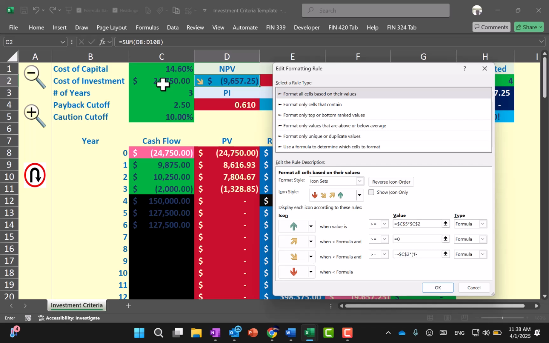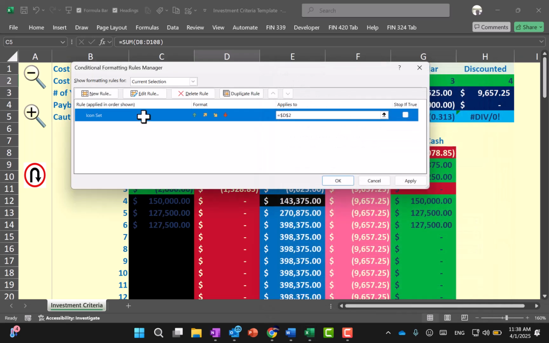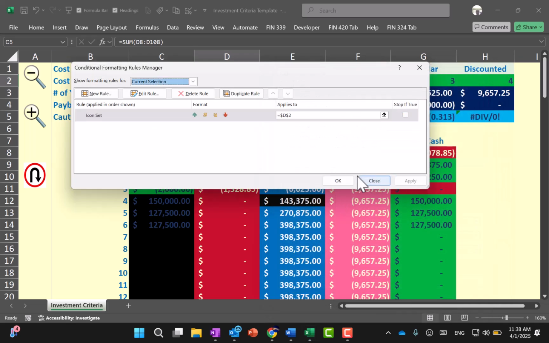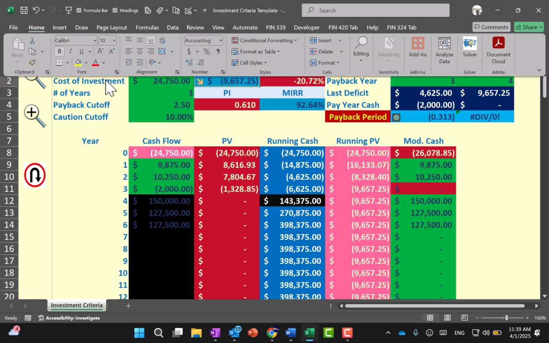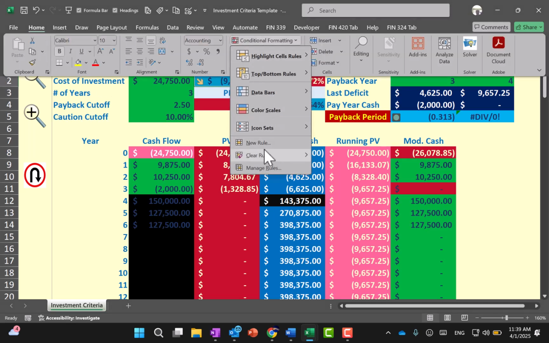Should be 1 minus this. No, it should have been. My original one was correct.